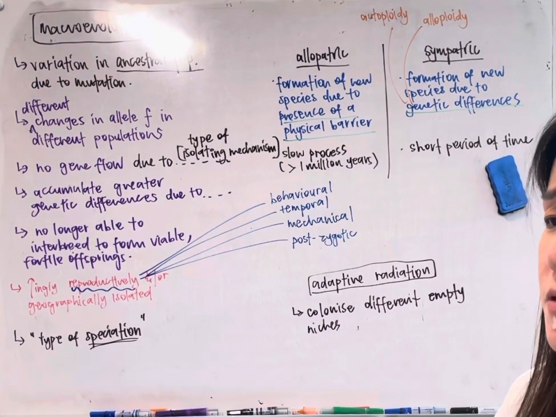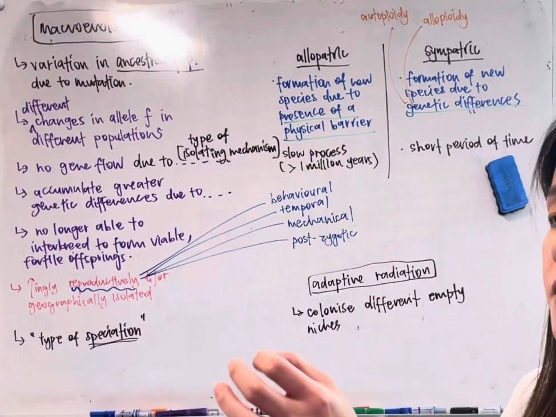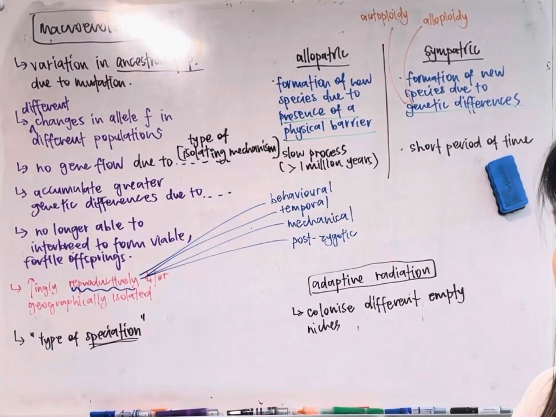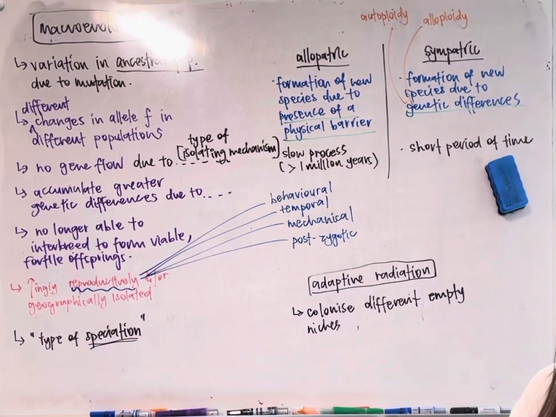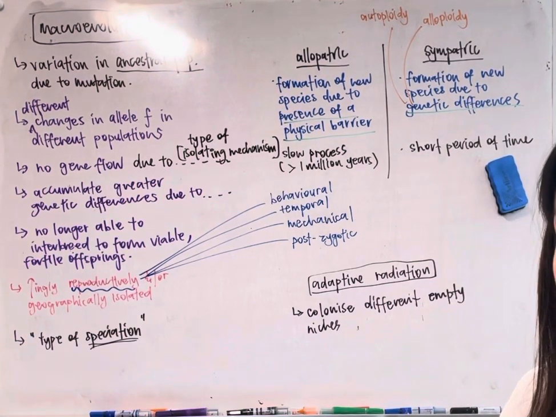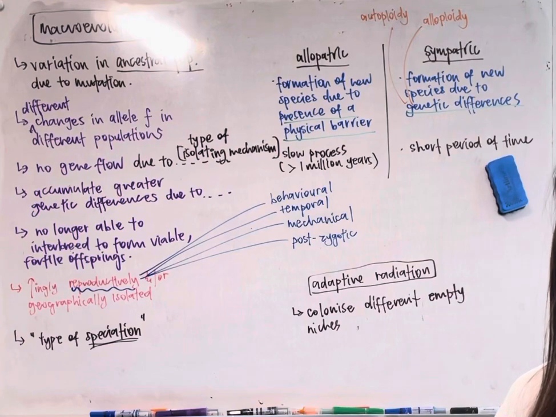You don't need to specify what is selective pressure, but you still need to tell me that they have different advantageous traits that will be selected for. And that's why, again, differential reproductive success, such that different alleles are passed down to subsequent generations. And again, over time, there are different changes in allele frequency in different populations.